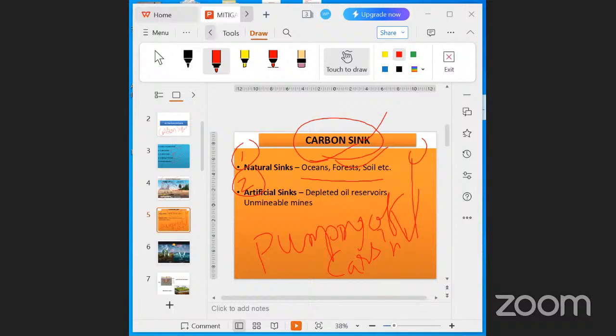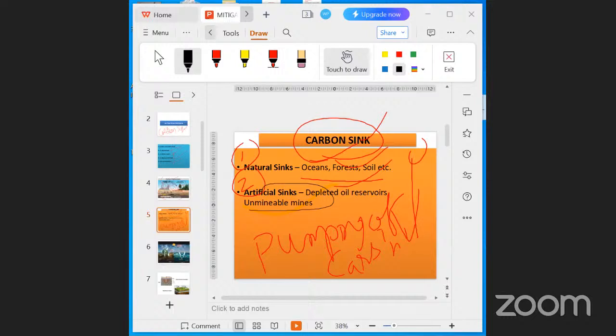So artificial sinks are depleted oil reservoirs and also unminable mines, etc. Under natural sinks, we have the oceans, forests and soils, which are things from nature.